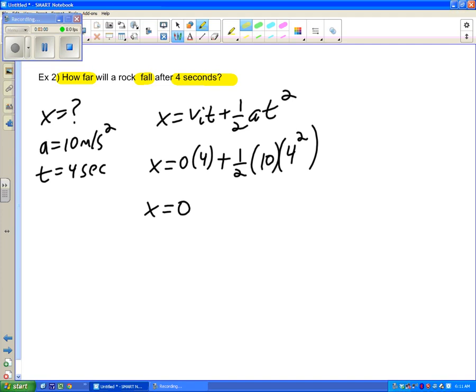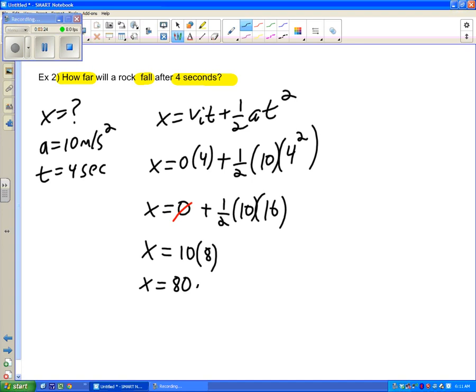So x would be equal to 0 plus 1/2 times 10 times 16. So the 0 just goes away. I don't need it. I'm going to do half of 16 first. So the 10 stays there, and half of 16 is 8. 10 times 8 is, of course, 80 meters.